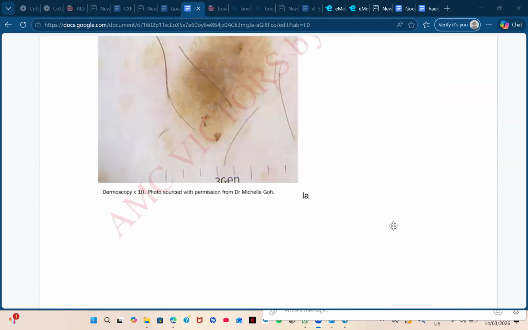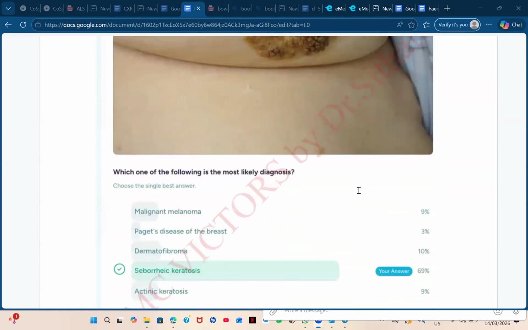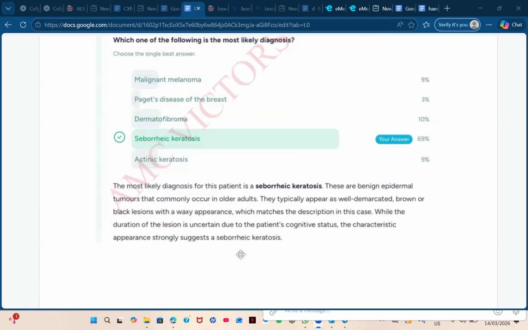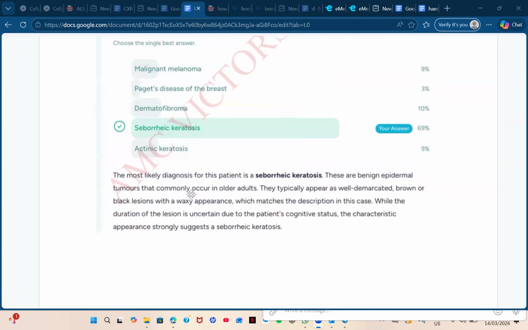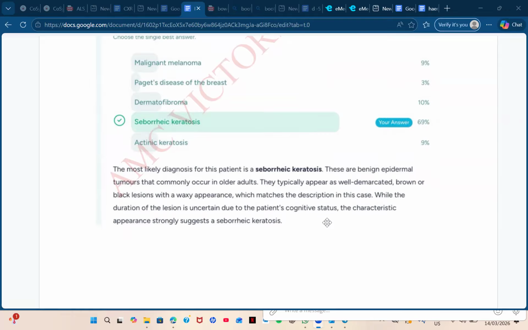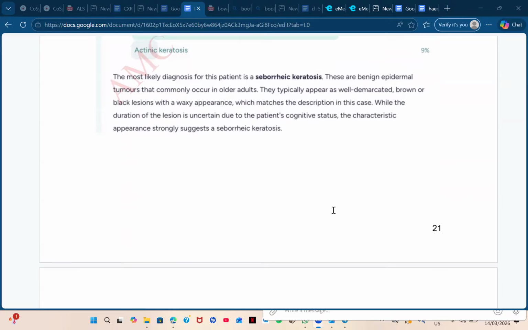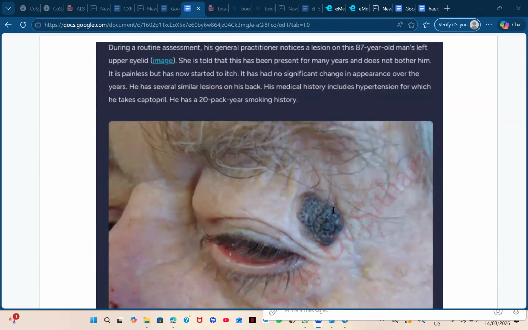Sorry, doctors, I have only attached the picture and not the question, but it's fine, we have done this question. While the duration of the lesion is uncertain due to the patient's cognitive status, the characteristic appearance strongly suggests seborrheic keratosis. And this is a fully black one, and here also you can see the waxy appearance.